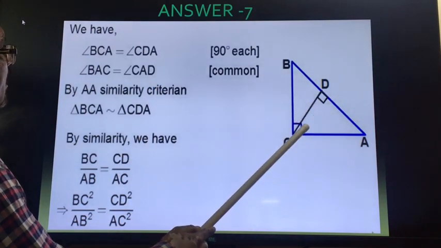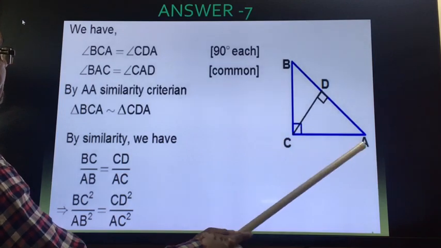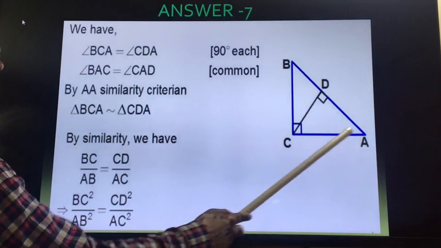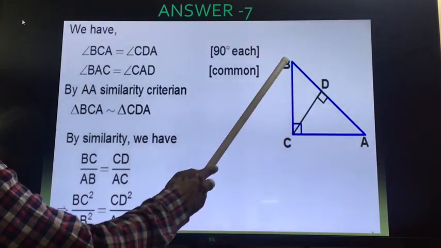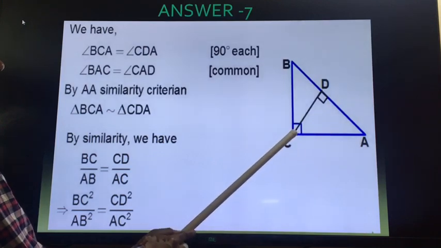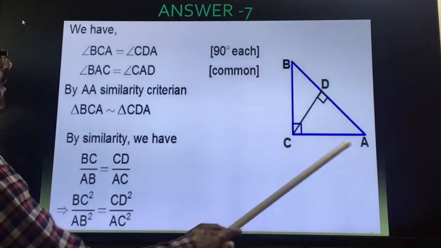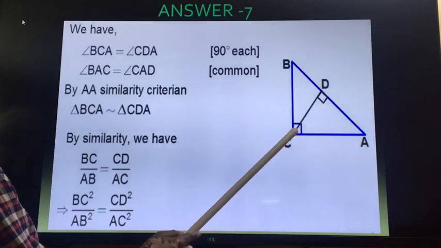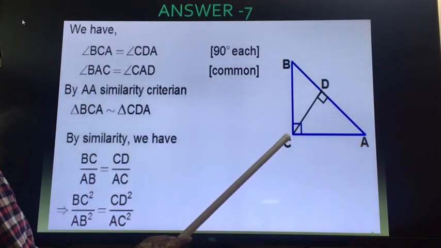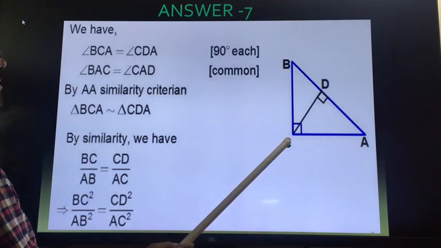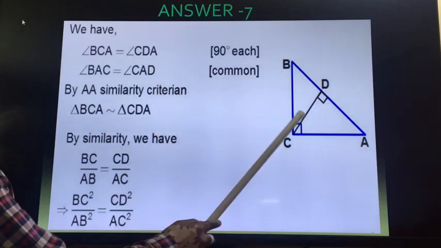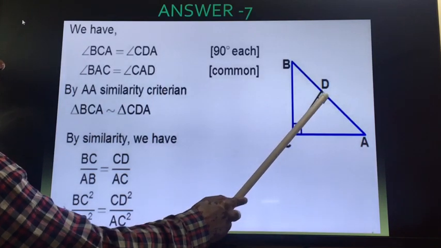So angle BAC, in the big triangle BAC, and in triangle CAD, angle BAC will be equal to angle CAD, because this angle is common, and angle at this point is 90, here at this 90.